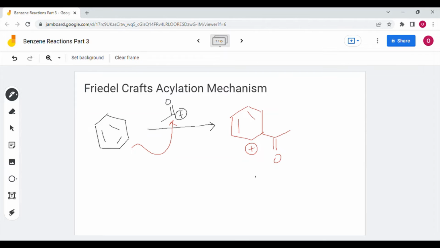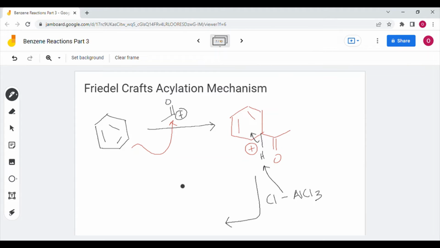So if we take our ClAlCl3, what ends up happening is that this electron bond is going to directly deprotonate this hydrogen, thus doing an elimination reaction. Right?